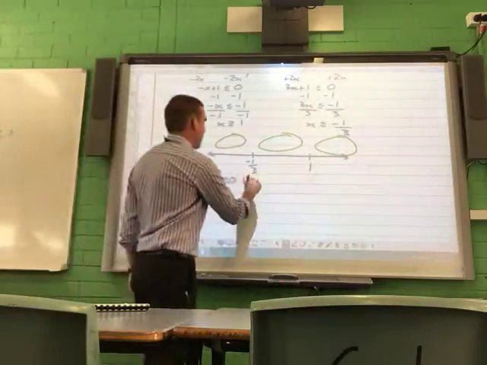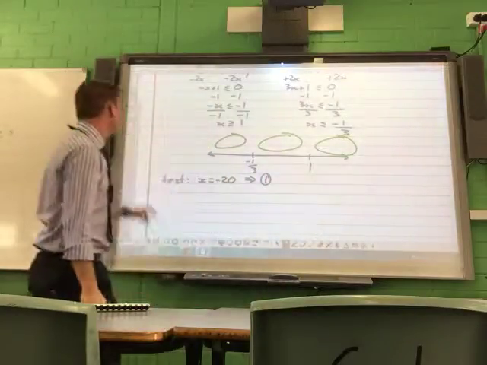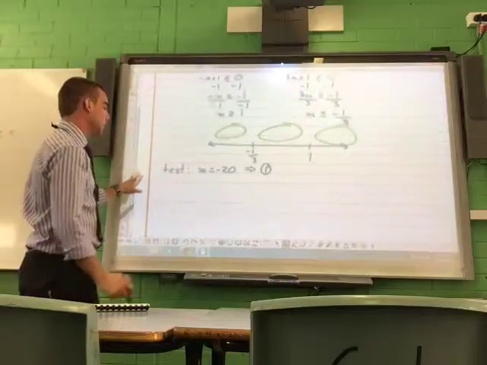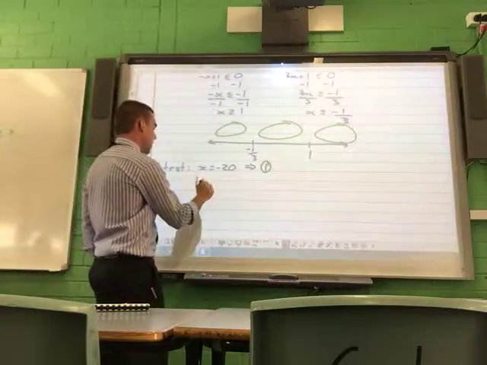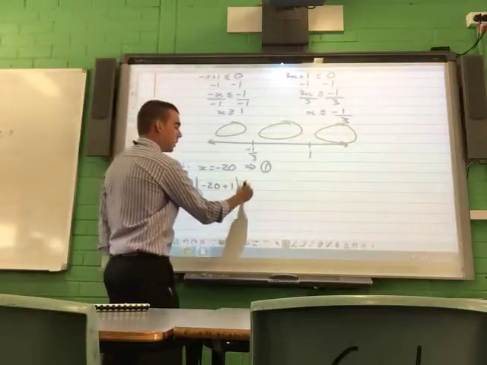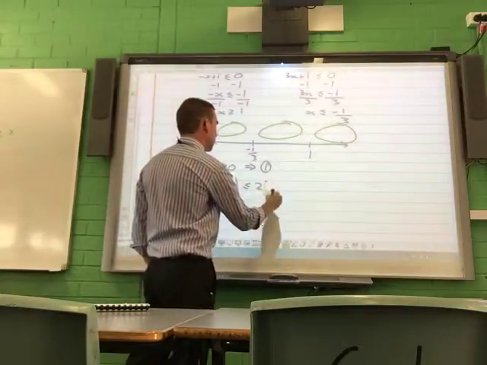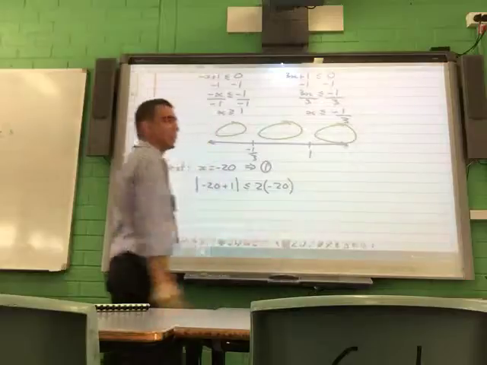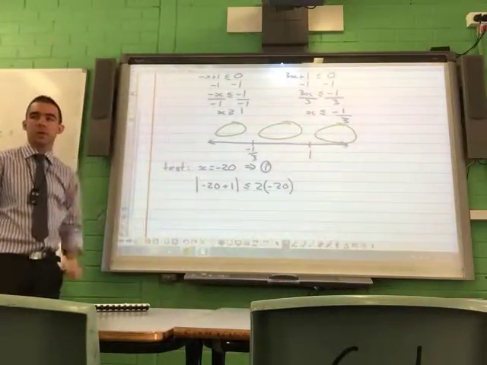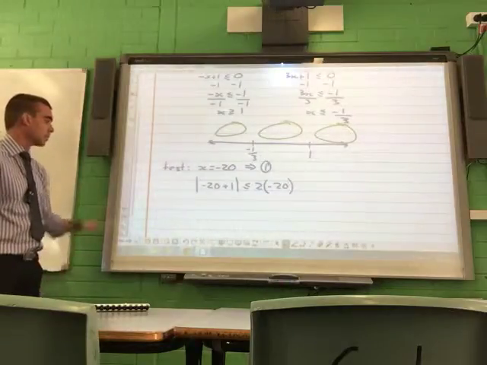Alright, so let's put that into equation 1. The absolute value of x plus 1 is less than or equal to 2x. The absolute value of negative 20 plus 1 is less than or equal to 2 lots of negative 20. Replace the x with our test value.